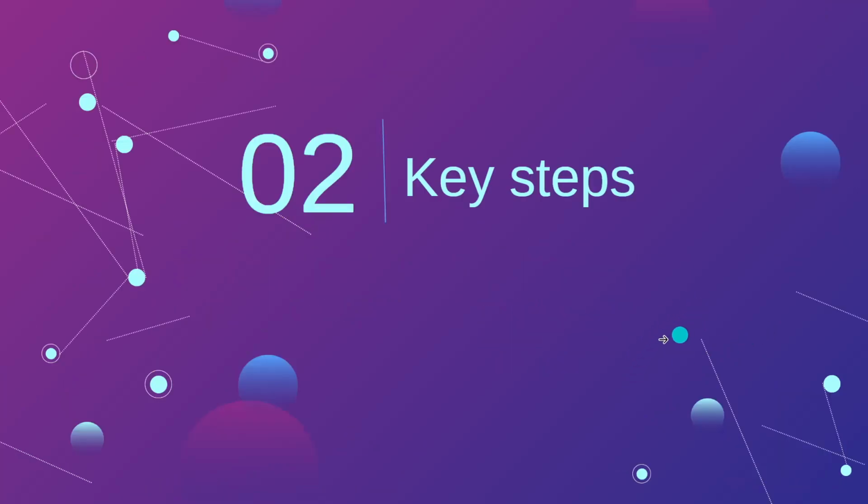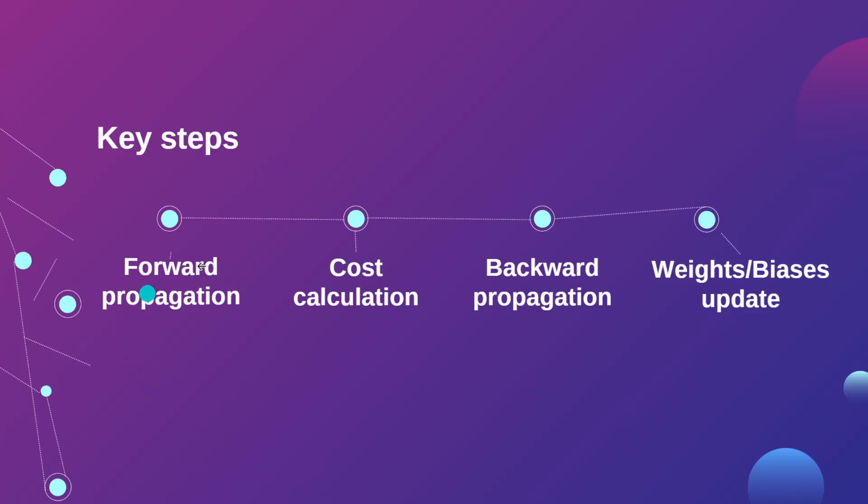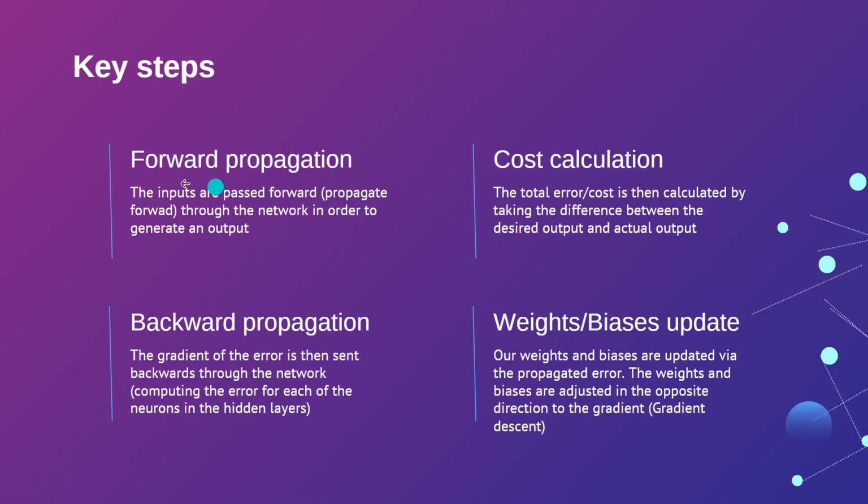There are four key steps in backpropagation, which are forward propagation, cost calculation, backward propagation, and then weight and biases update. For the forward propagation, the inputs are passed forward to the network in order to generate an output.